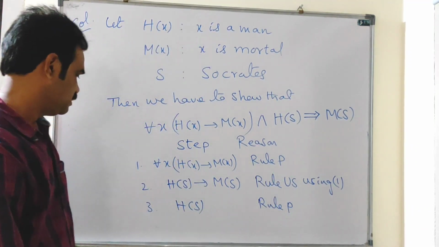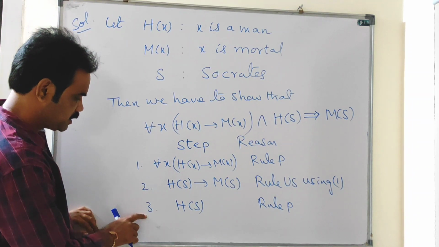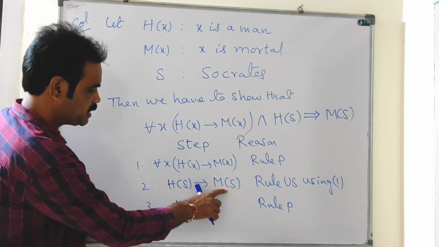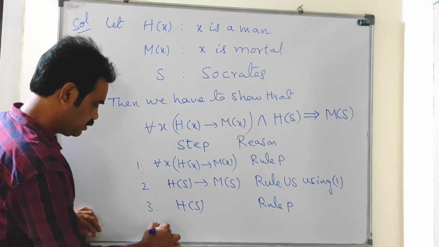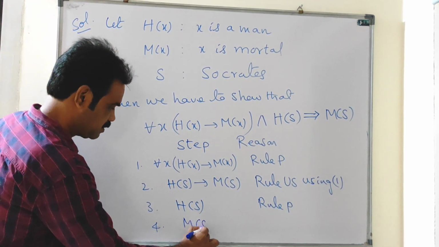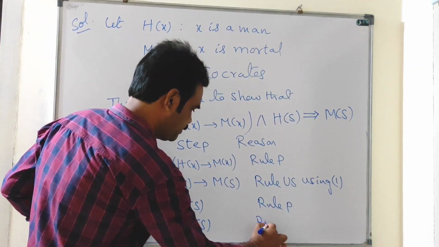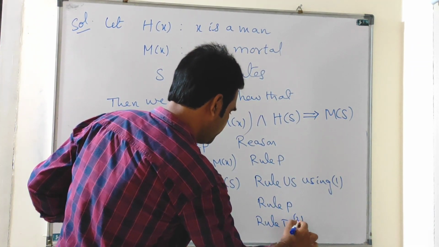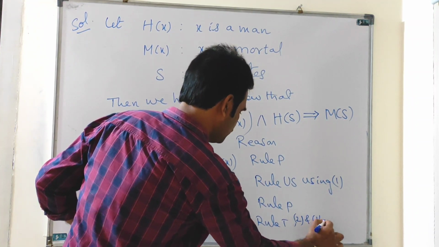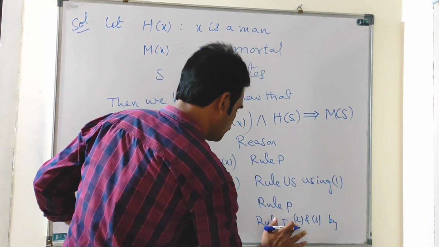Observe the second and third steps. H of s implies m of s, h of s. From this, by modus ponens, you can conclude m of s. Rule T, using 2 and 3 by modus ponens.